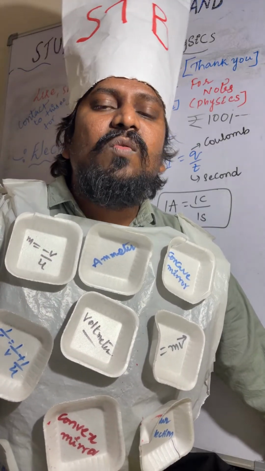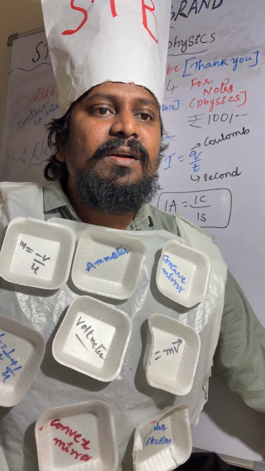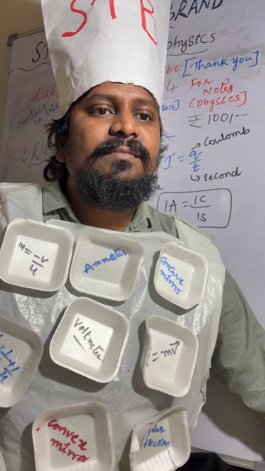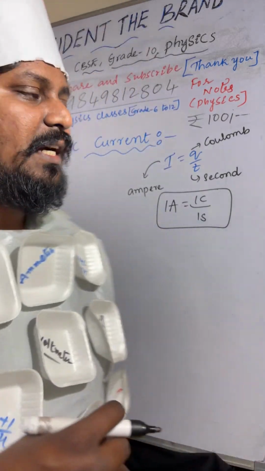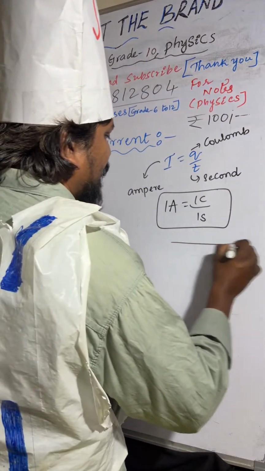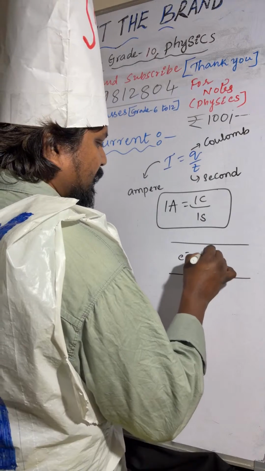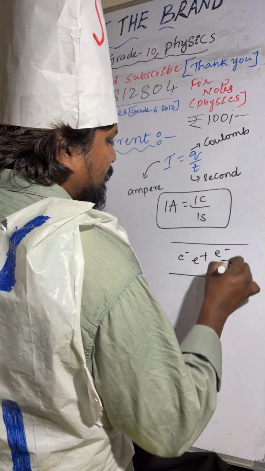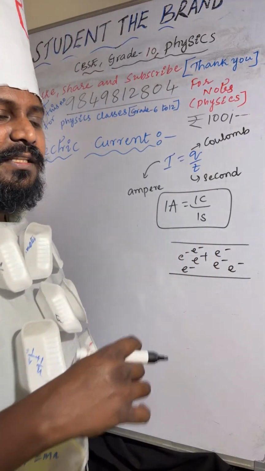That's why it is called quantization of charge. So here you can see I am taking like this: positive charge, negative charge, positive charge, negative charge.